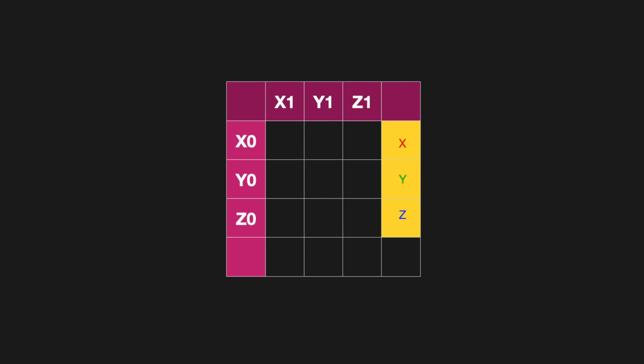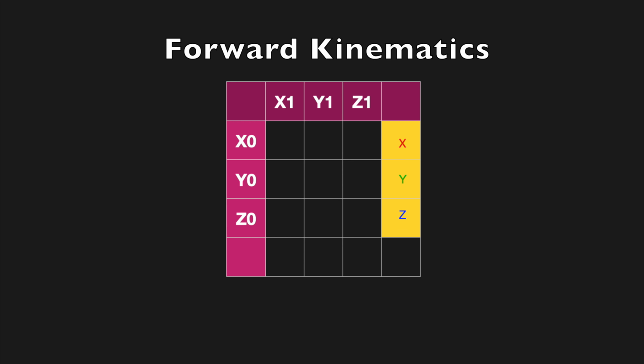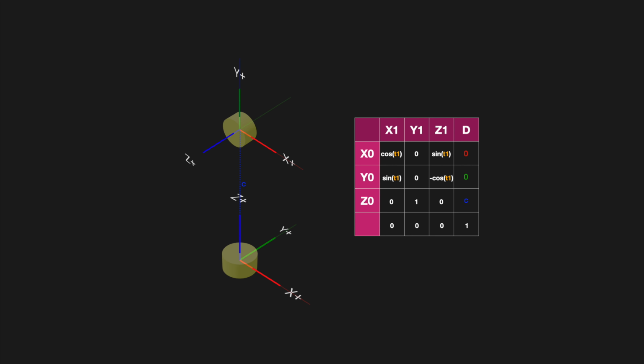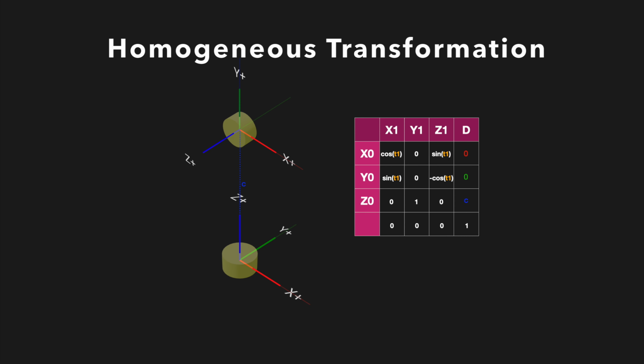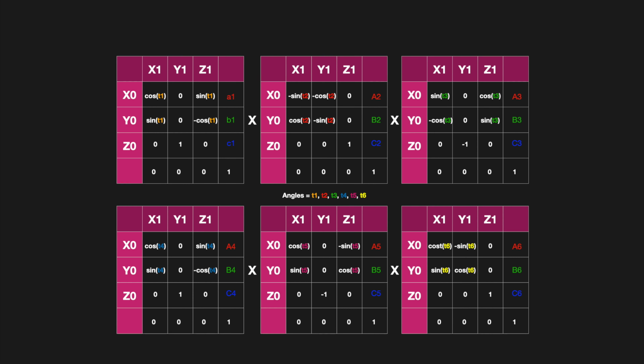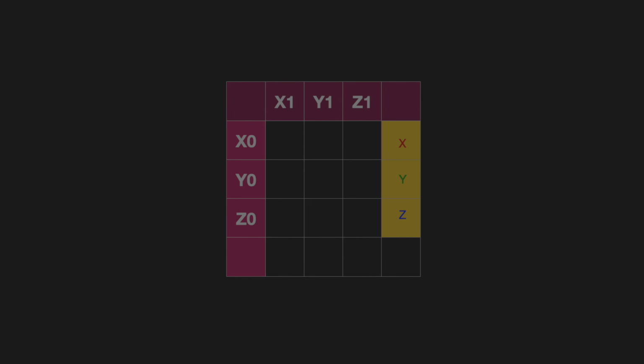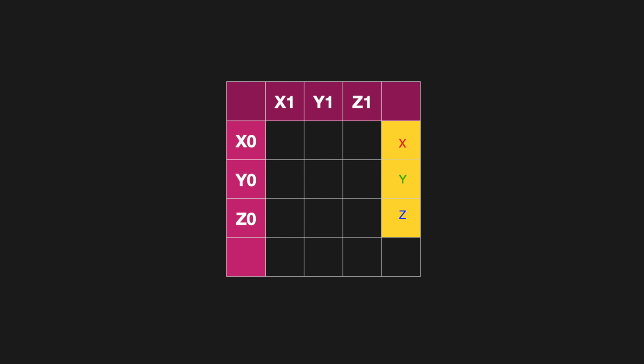And it turns out what we just did is forward kinematics. We used rotation matrices and displacement vectors to create homogeneous transformation matrices. We dot multiplied them all together, and the resulting matrix in the last column has our end effector location.